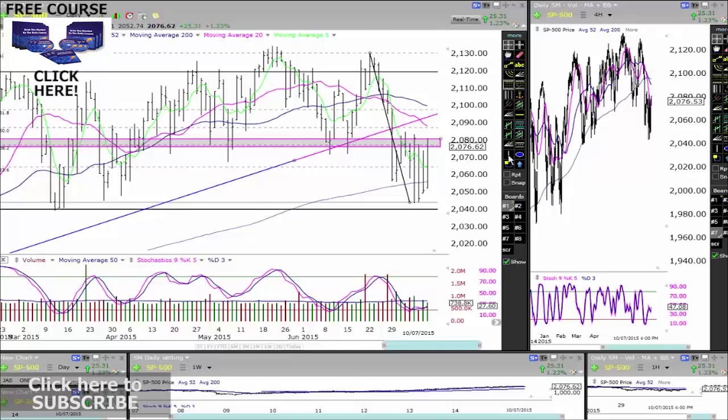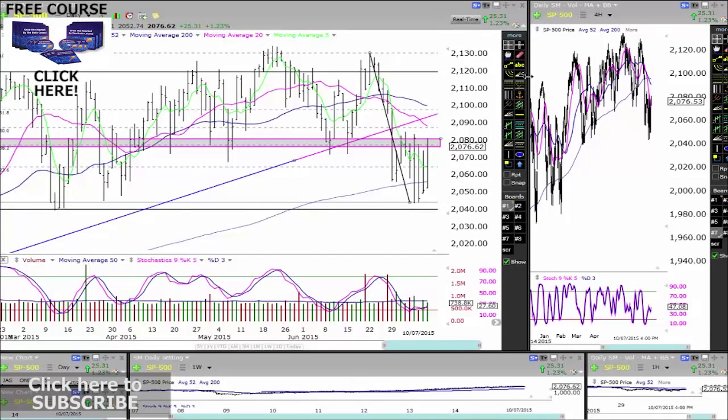So this level is a bunch of resistance. It's been rejecting through that for quite some time, and if the market does break up, we're at this level of resistance as well.